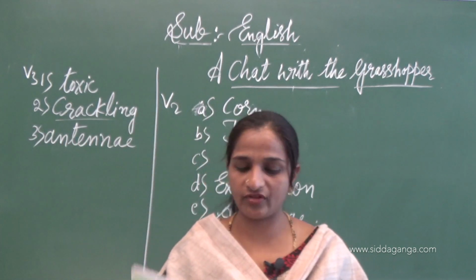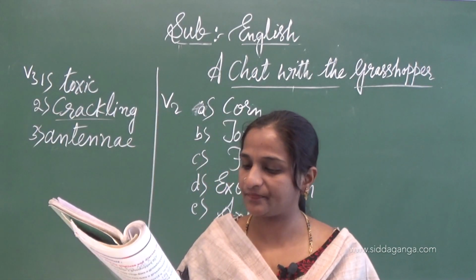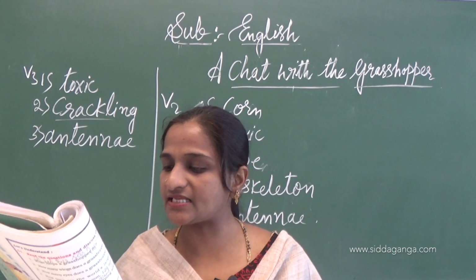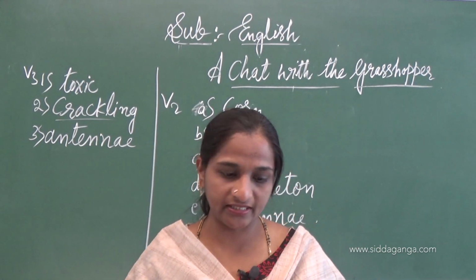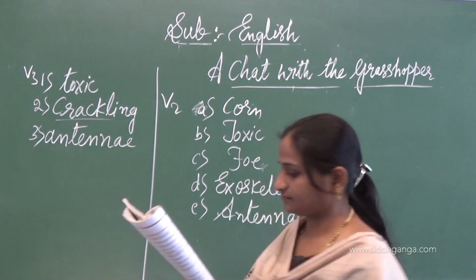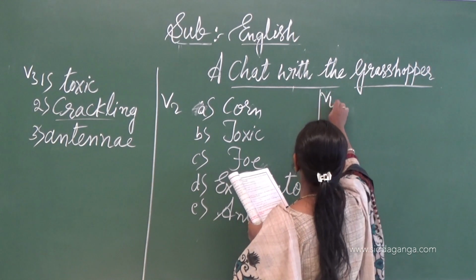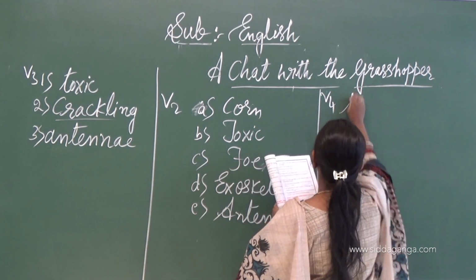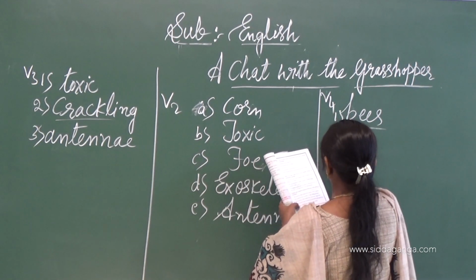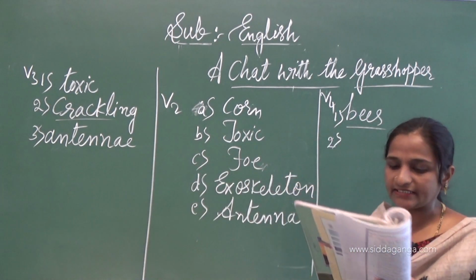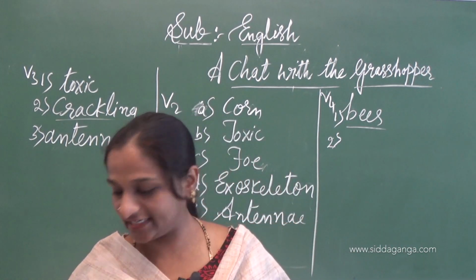V4. Choose the correct answer from the words given in the brackets. The insect that makes the sound of buzz. That insect is the bee. Second one, the insect that irritates at night.